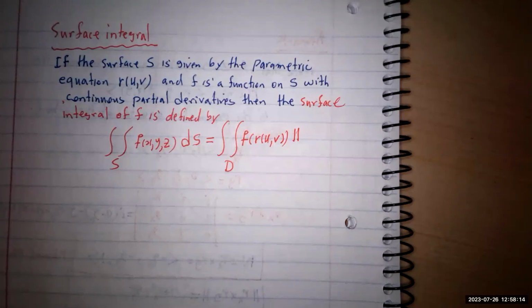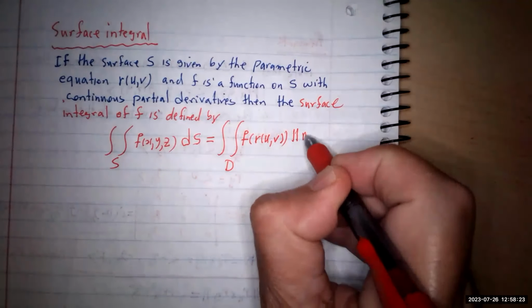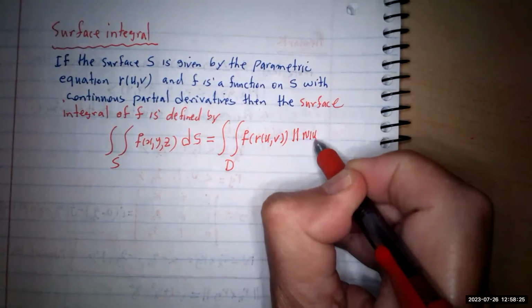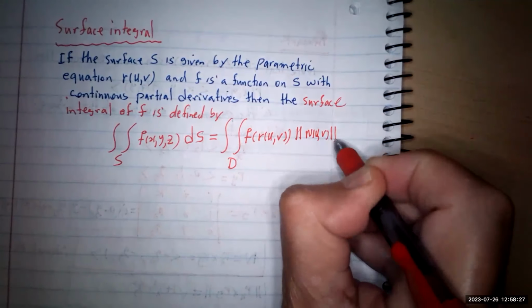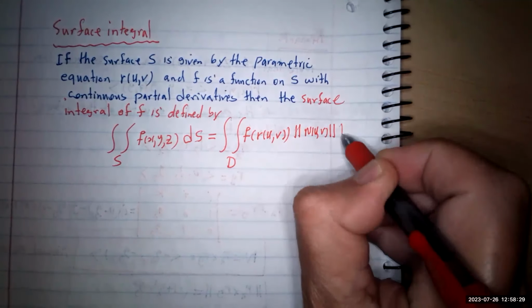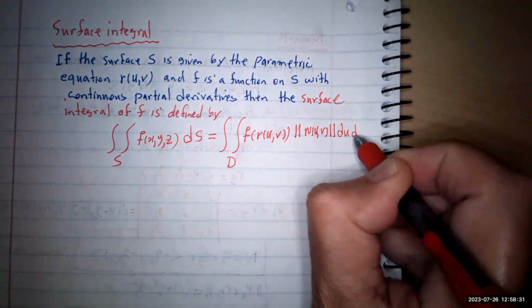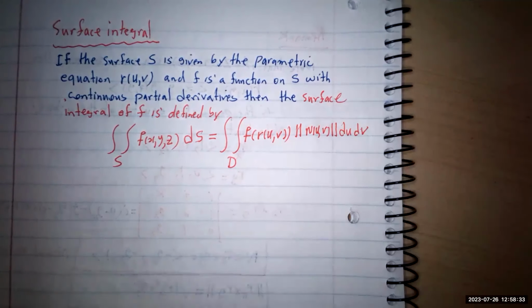But instead of R prime of t, we are going to have the normal vector. So it's going to be the norm of the normal vector of u, v, and then, of course, du dv.